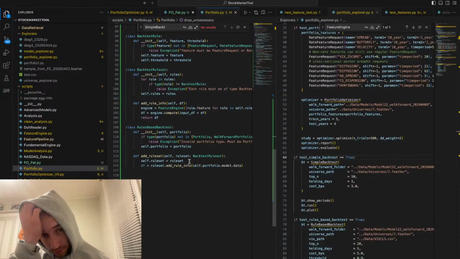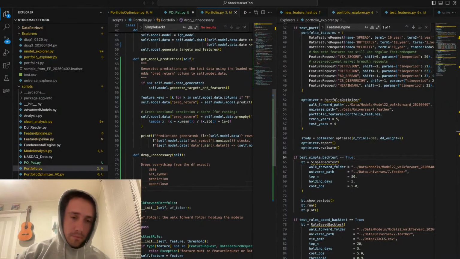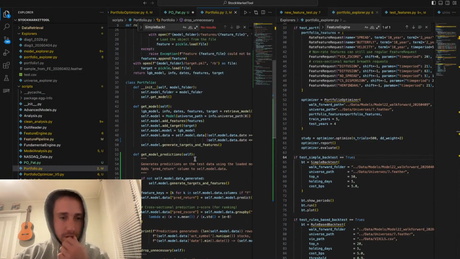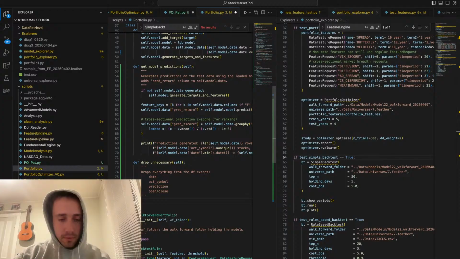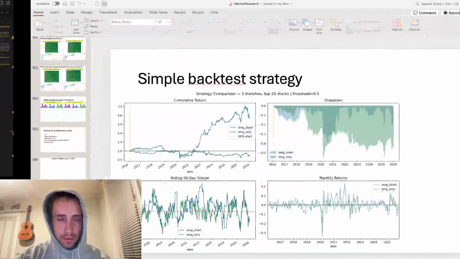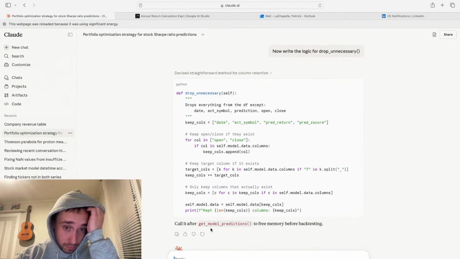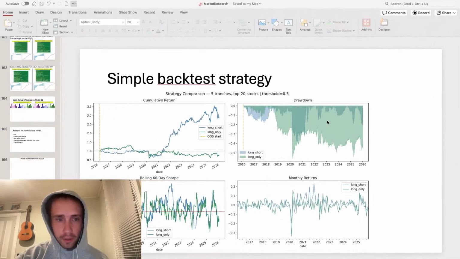So rules-based backtest. First we add the rule set. So really I don't care about the features in the model. That'll be fine. It'll be in model.data.